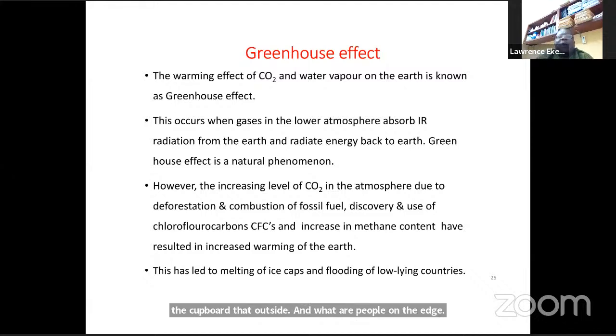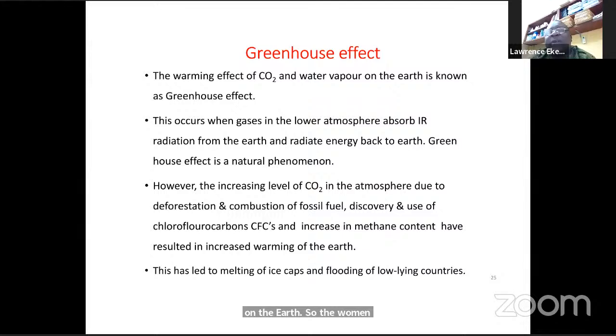So with the warming effect, the more CO2 that you have around, the more the increase in temperature. And this will lead to what is known as the greenhouse effect on the earth. So the warming effect of CO2 and water vapor on the earth is simply what is known as the greenhouse effect.